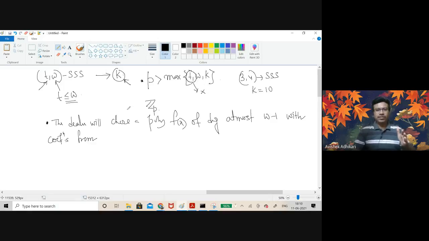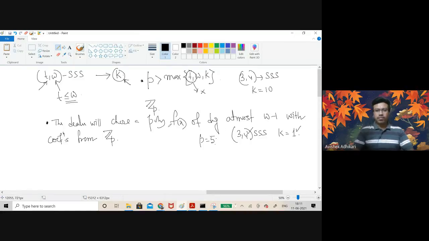Now, instead of the real line, I am considering coefficients from ZP. Suppose I consider my previous example, a 3-4 secret sharing scheme with, say, K equal to 1. Then the dealer will choose a prime P. If he chooses P to be 5, that is sufficient because 5 is greater than 4 as well as 1.